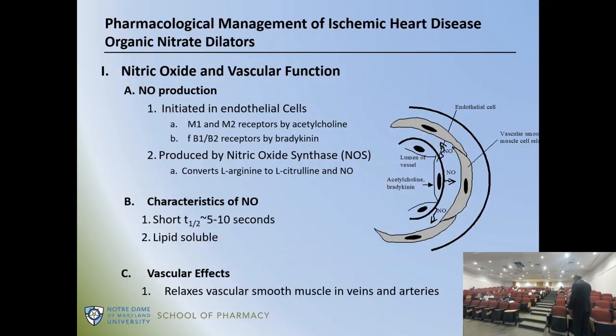So it relaxes arteries. If we relax arteries, what happens to systemic vascular resistance? Does it go up or down? It goes down, right? What happens to afterload? It goes down too, right? And do you think that might make it easier for the heart to pump blood through the arterial circulation if afterload and vascular resistance go down? Yeah, so this is what we have to start thinking now.